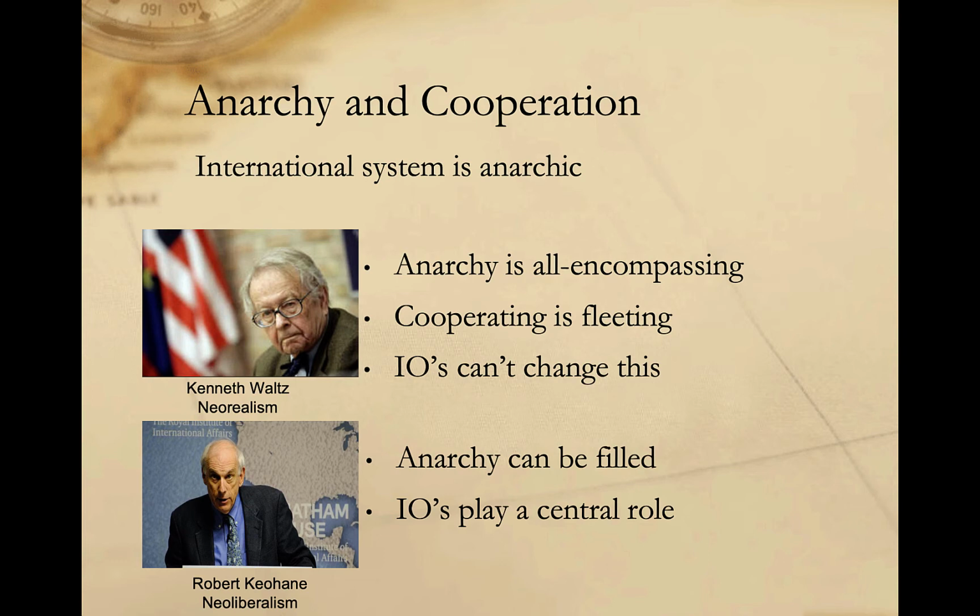Neoliberals point to international organizations like the United Nations, the European Union, and the World Trade Organization, among countless others, and argue that such organizations have changed the nature of the global system. As a result, neoliberals argue that neorealists fundamentally misunderstand the actual condition of global politics in the contemporary era.